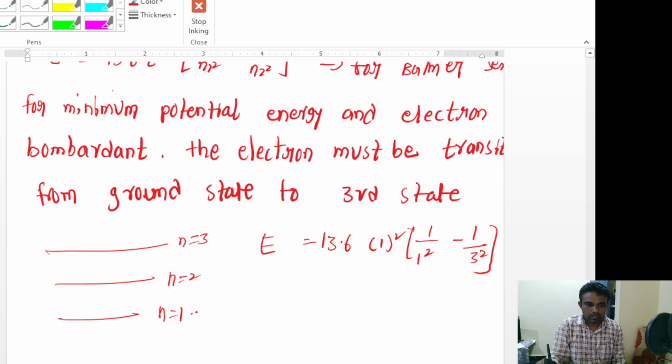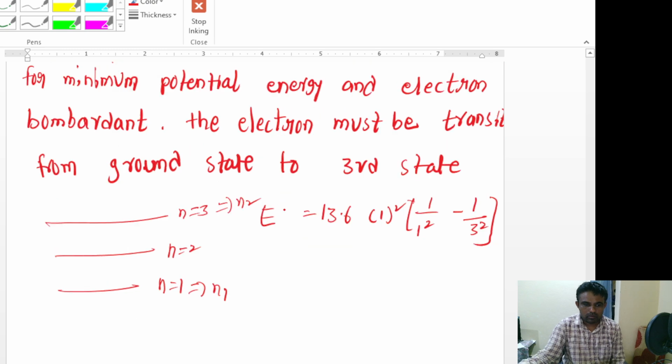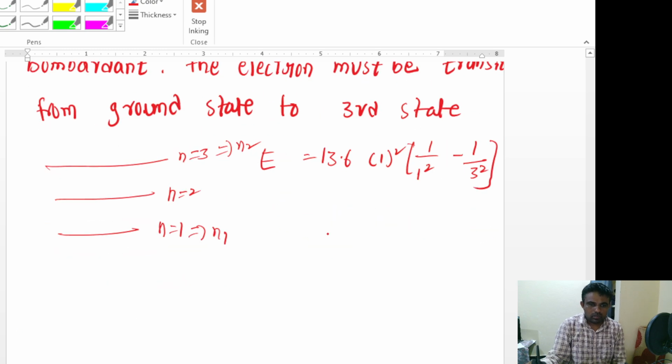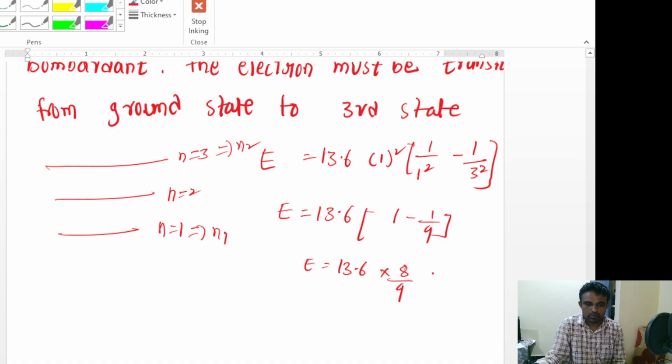So here this one is n1, this one is n2. So E is equal to 13.6 into 1 minus 1 by 9. So E is equal to 13.6 into 9 minus 1, 8 by 9. So this value is 12.08 electron volts, approximately 12.1 electron volts.